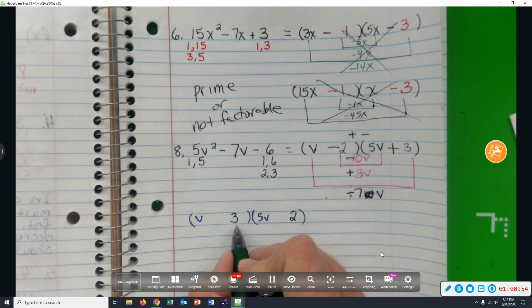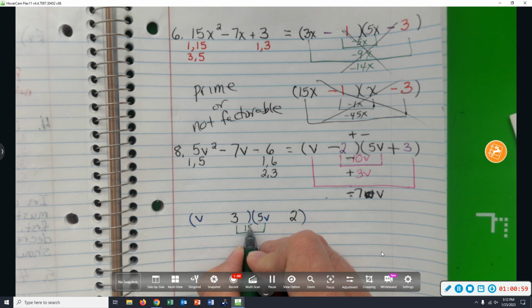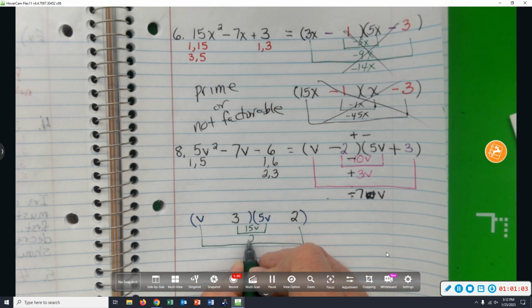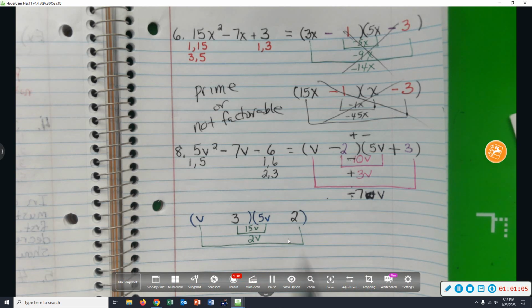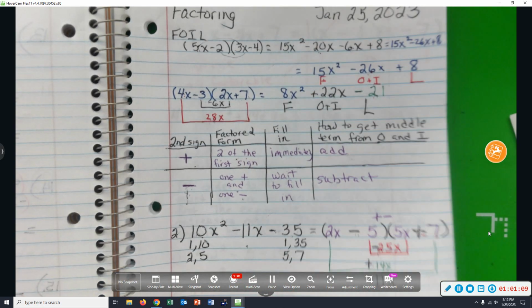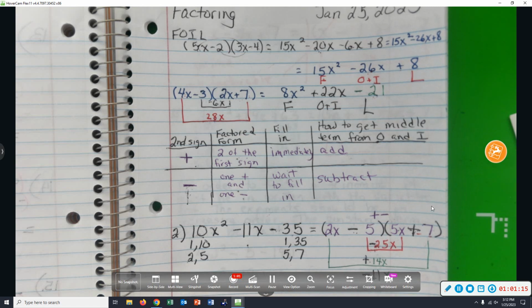Okay? Because look at it this way. Are we going to get a 7V there? We'd have a 15V and a 2V. Can I subtract those to get that 7V? No. Sometimes it's not clear. Well, heck, sometimes this whole table ain't clear. It's clear to me. I don't know if it's clear to y'all.